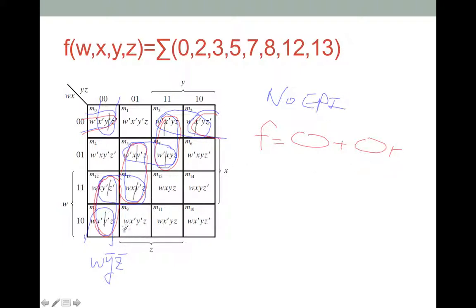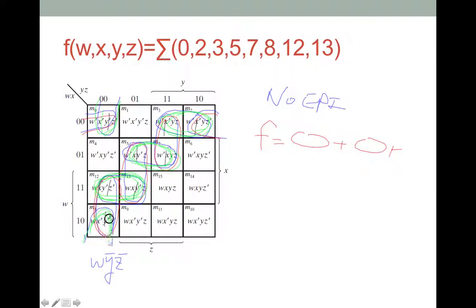And then we can find another solution. So let me change the color of the pen. Instead of starting with this one, if I start this way, then next choice is this PI, and then next choice is this PI, and then next choice is this PI.